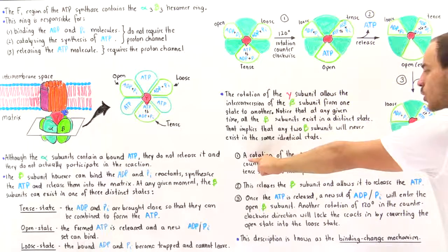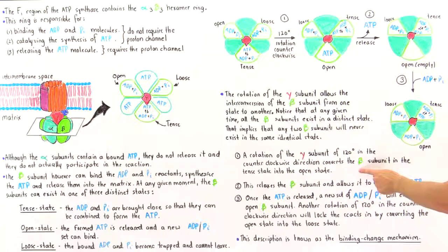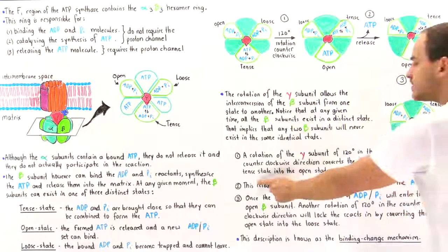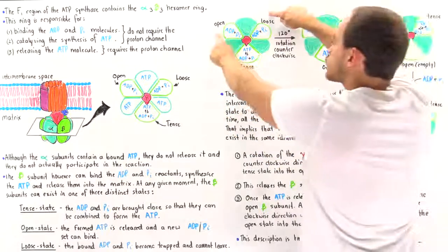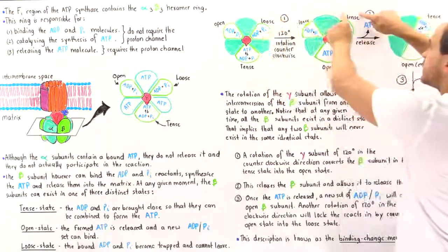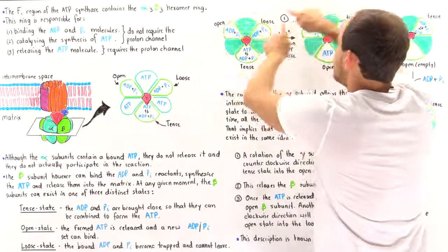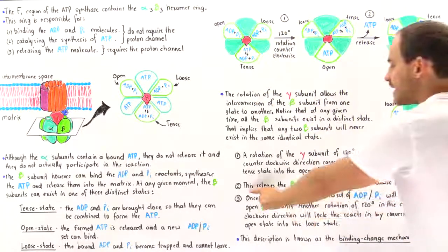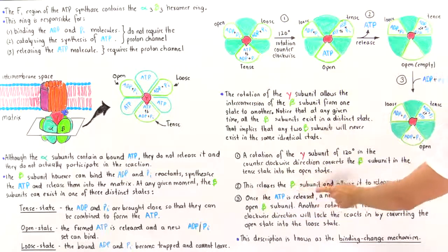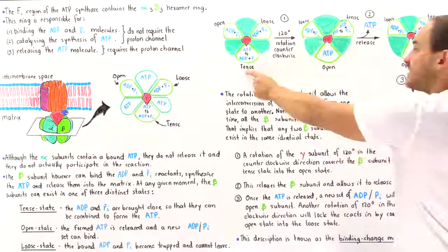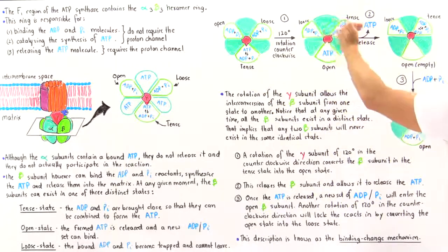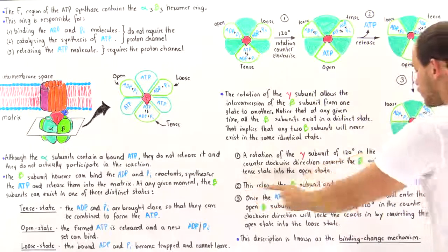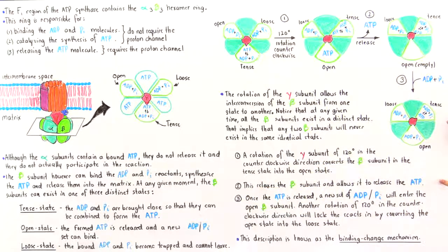So we see the rotation converts the beta subunit in the tight state into the open state, and the other units are also transformed. So this one becomes the tight, and this one, which was open, becomes loose. Now this relaxes the beta subunit, and now that ATP that was synthesized in the tight state can be released in process 2. So in process 2, the ATP is actually released.